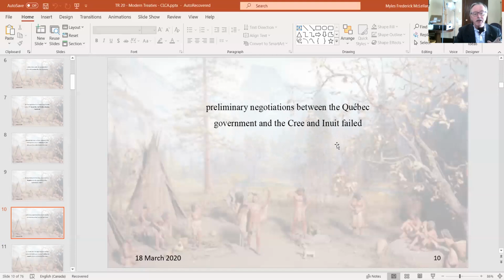The negotiations before the litigation that went on between Quebec and the Cree and the Inuit failed. Robert Bourassa, who was the premier of Quebec at the time, quite honestly didn't think that he needed to enter into a lot of negotiations to put the hydroelectric dam and plant into place.